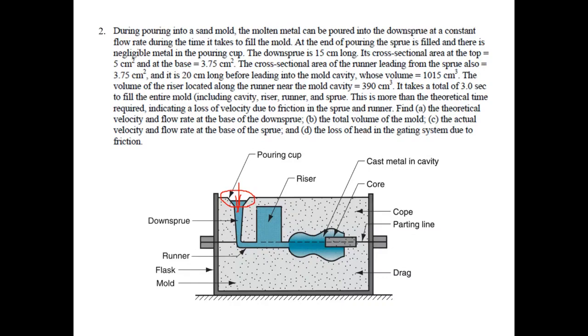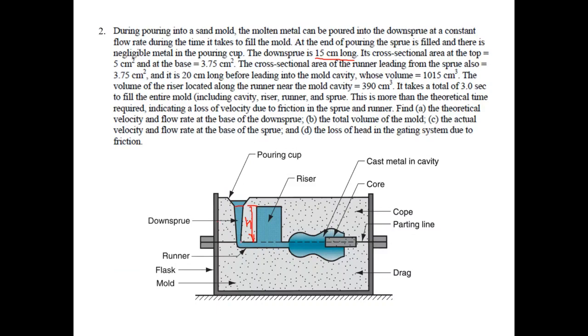The down sprue is 15 centimeters long. That is the height of this section. It's 15 from here up to here. H is equal to 15, which is given up here. And then its cross-sectional area at the top is 5 square centimeters.